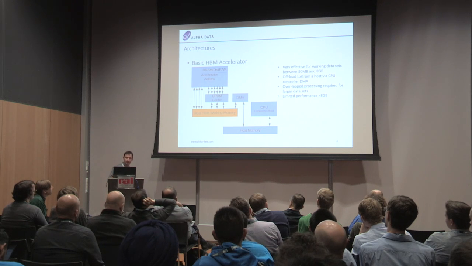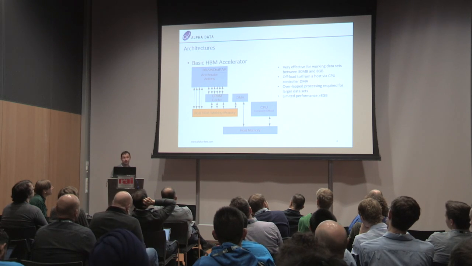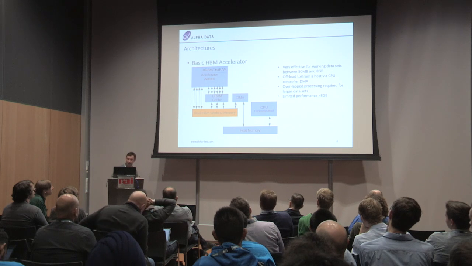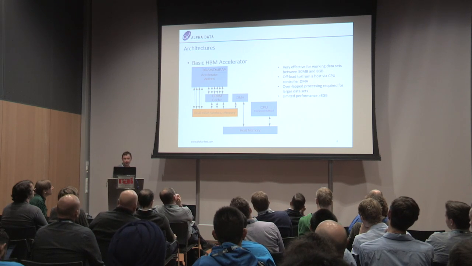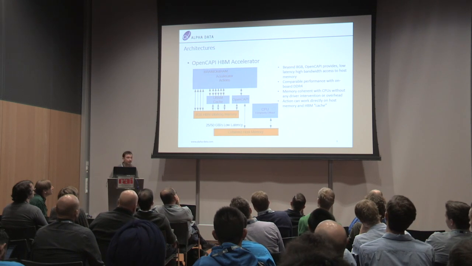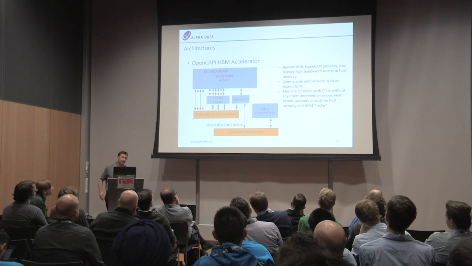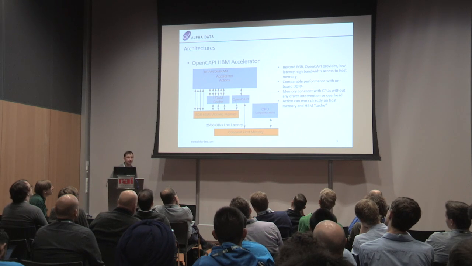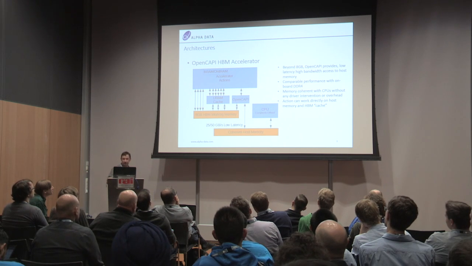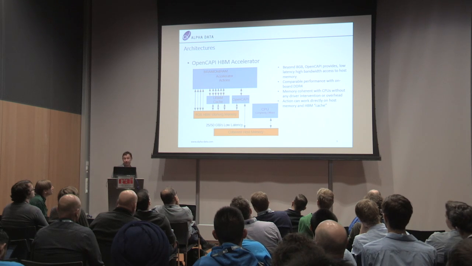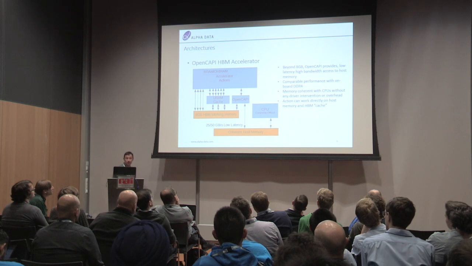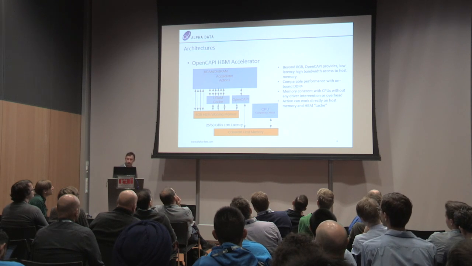So this solution will work for quite a lot of use cases, but there are ways we can go. Obviously, I've mentioned PCIe bottlenecks, and I suppose Myron spoke earlier about how people are working around the PCIe bottleneck, and OpenCAPI is certainly a solution that allows you to jump beyond this, not only giving you a big jump in bandwidth, but also lowering the latency and giving you all the advantages of cache coherence.